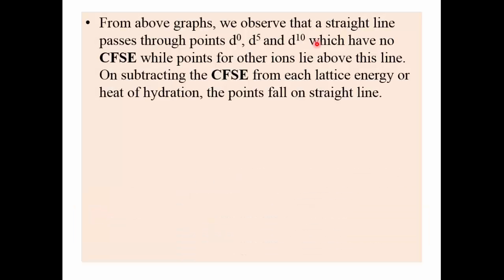From the above graphs we observe that the straight line passes through the d0, d5, d10 systems, which have no CFSE, while points for other ions lie above this line. On subtracting CFSE from each lattice energy or heat of hydration, the points fall on a straight line. This is already discussed by us when we discussed the graphs.